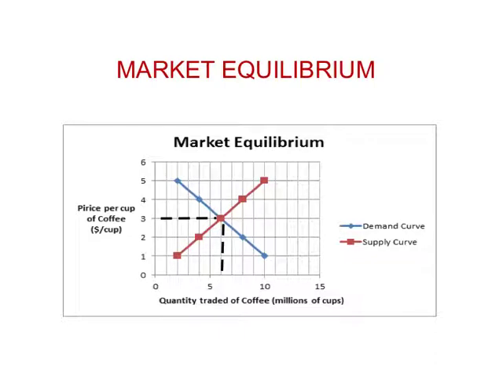So a point where demand and supply intersect is called the equilibrium point, and we'll simply denote this as E. And the price at equilibrium we'll write as PE, and the quantity traded, that is amount bought and sold, we'll write as QE. So this is how equilibrium is determined.